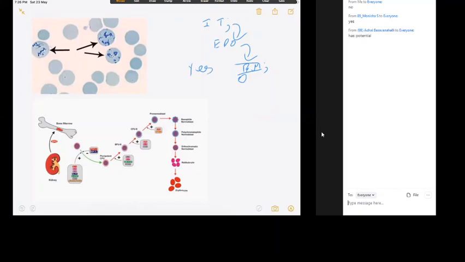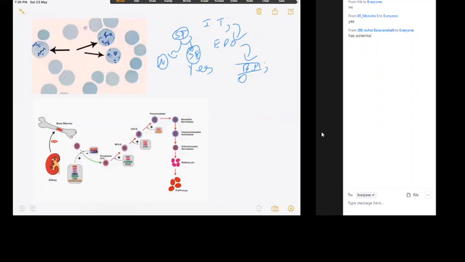You have stem cells, and they have the potential to develop into neurons or skeletal cells or anything. What they're trying to do nowadays is find a way to give signals to stem cells to make sure that they can develop into neurons or skeletal cells, something like that.